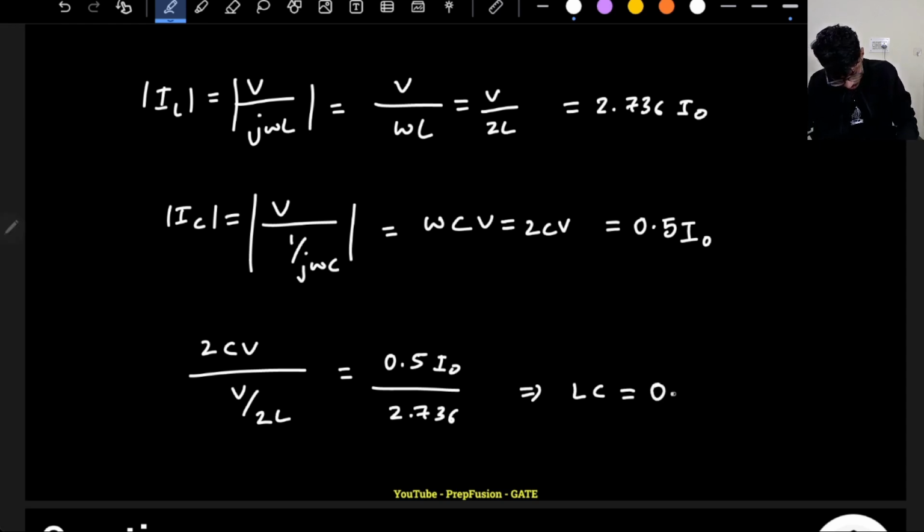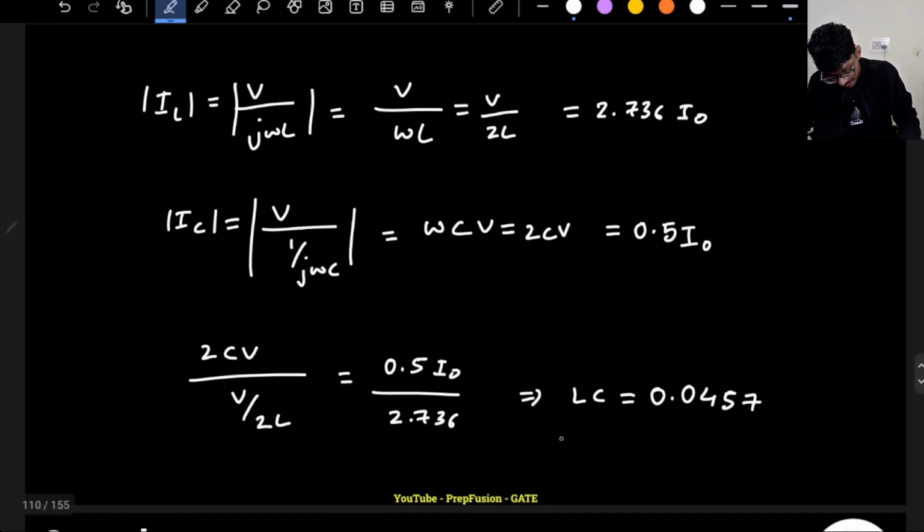LC is equals to 0.0457. Okay, this is your LC value. So this was the answer basically. So your K is a numerical value, that is 0.0457. This is your answer.